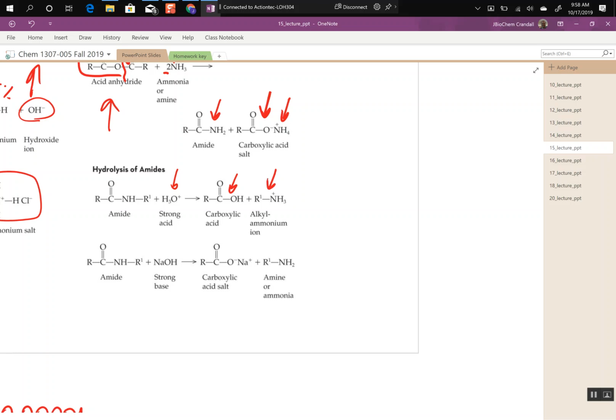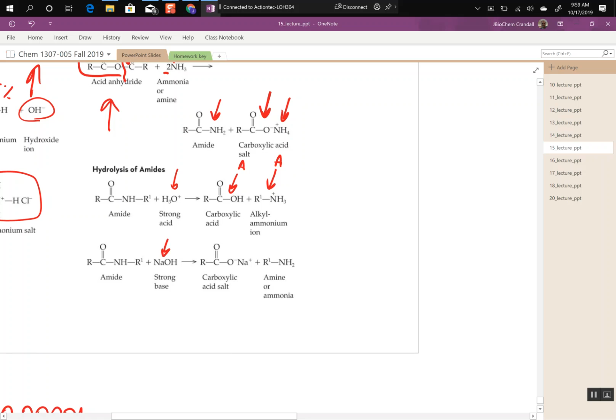Ammonium is the conjugate of an amine. An amine's a base, right? The conjugate of that base, meaning you add a hydrogen to it, is ammonium, which is positively charged and an acid. It's the conjugate acid of the base. So, in the presence of acid, I'm going to get an acid and an acid.